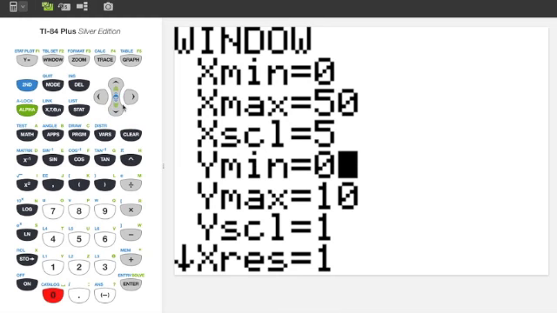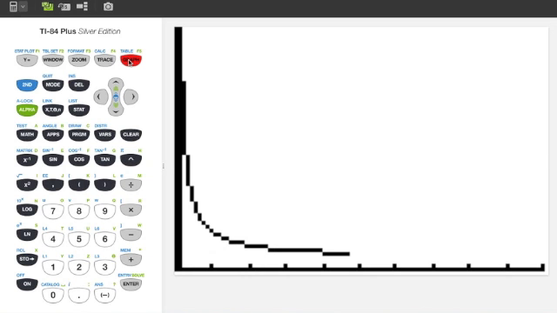I'm going to have less than 0 costs. Put this at 1,000. It'll make a more interesting graph. And that is the graph for the average cost function for this problem.